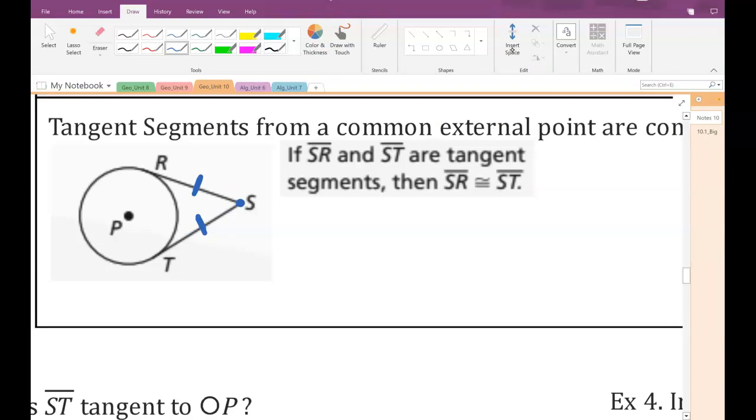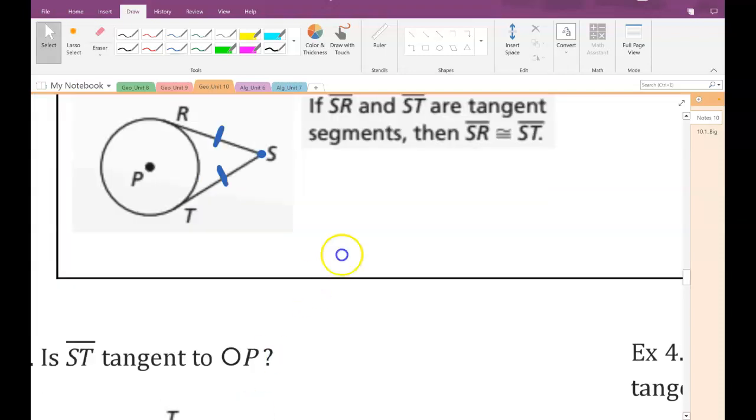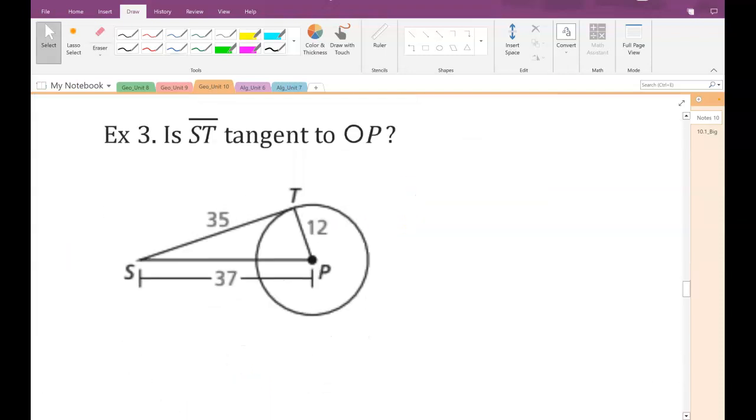All right. So these next two examples, we're going to be using just the first theorem. We're first just asking, is ST tangent to circle P? So we're asking ourselves, is this a right angle?